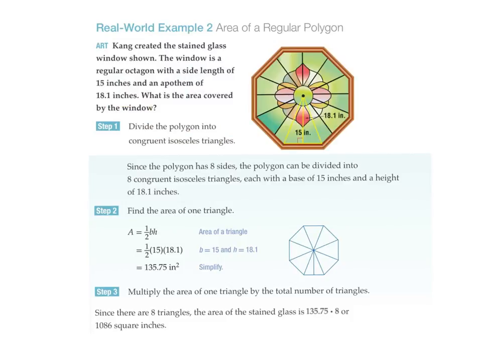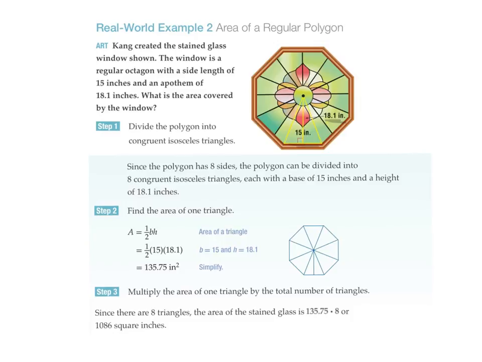And now we're having a look at example 2, a stained glass window. If you can see, it's an octagon, but again, if you break it down into triangles, you know that the apothem is 18.1 and the triangle itself is 15, the base is 15, so you can use that information.